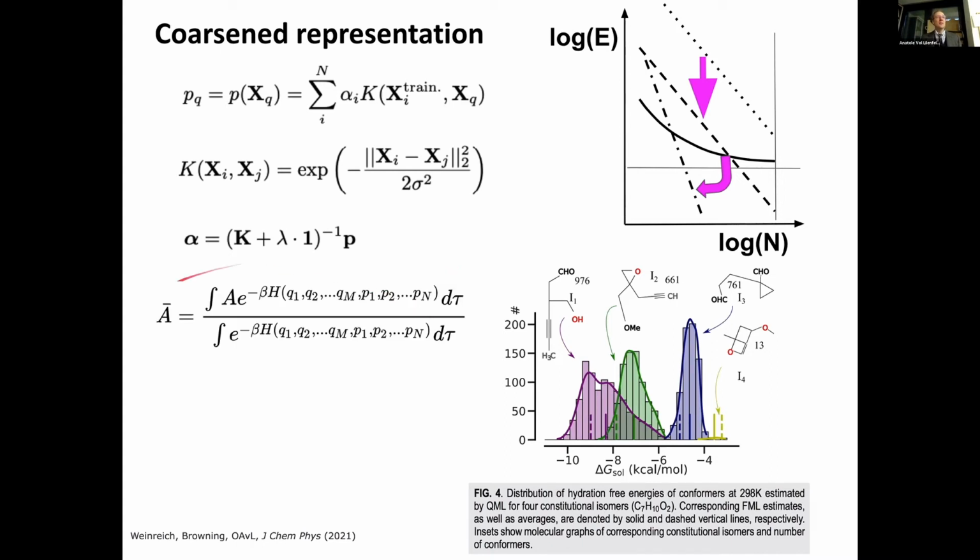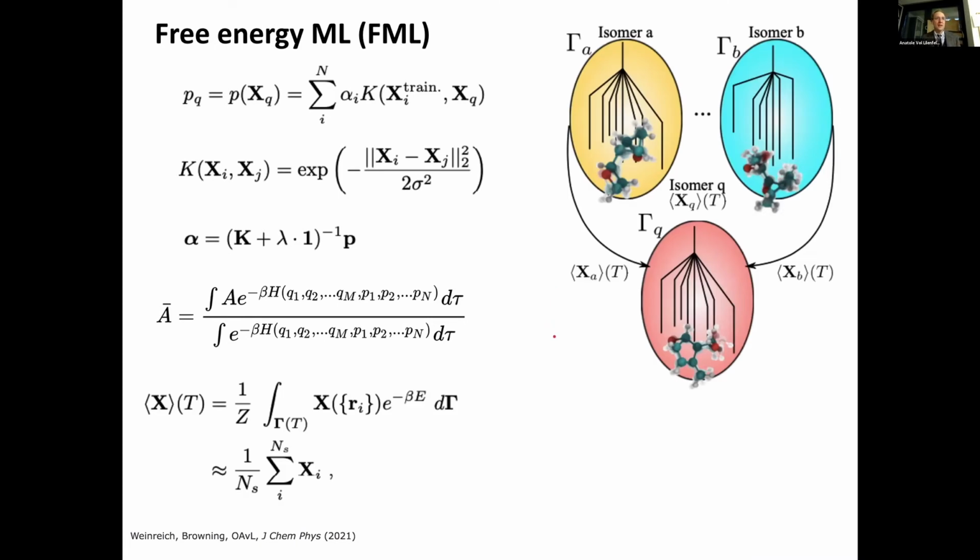So your StatMech average would of course include that phase-space integral. And what we did then was to run molecular dynamics on each constitutional isomer. And so you average over all your different configurations as a time series. That average then could be a better structural representation than any single configuration.